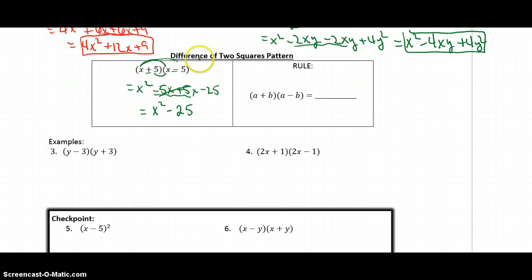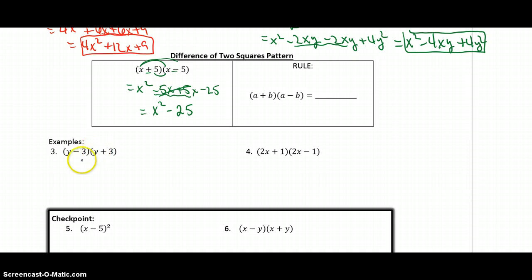Notice the name, it's called a difference of two squares. Difference because of the subtraction. These are two perfect squares. We can take the square root of 25 and get 5 times 5. And the square root of x squared came from x times x. And so you'll notice my examples, it looks almost the same except for the negative. And the 3 and 3 will multiply to give you 9.